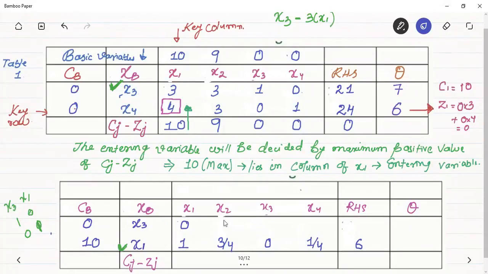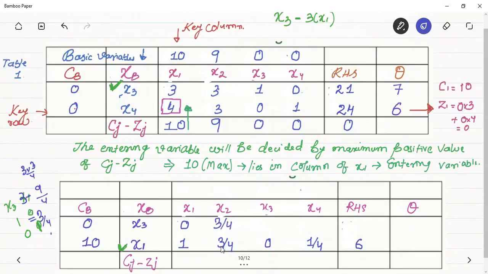Now can anyone tell what we will get here? So 3 by 4. We first multiply 3/4 by 3, because every element in this row has to be multiplied by 3. So 3 into 3/4 will be 9/4, and it is subtracted from 3. This 3 minus 9/4 will be 12 minus 9 over 4, so 3/4 comes back.